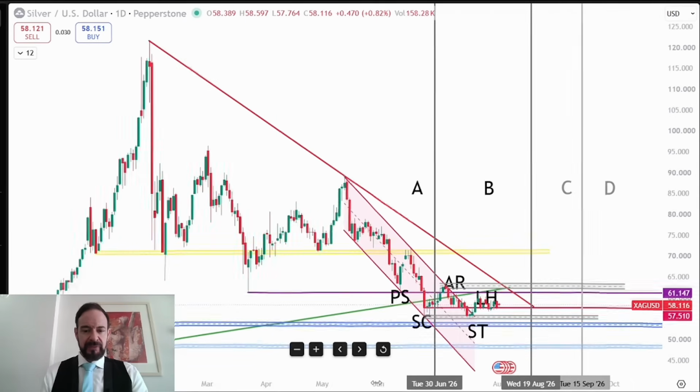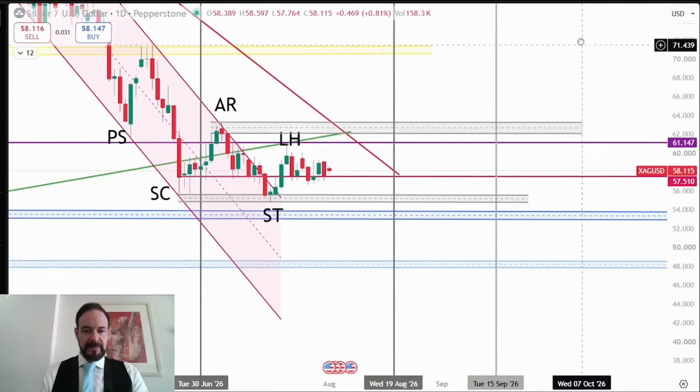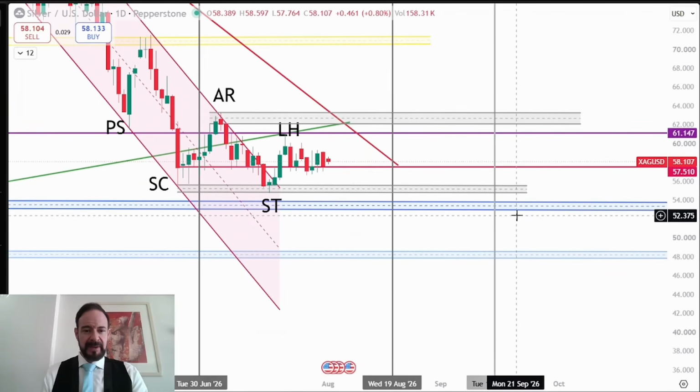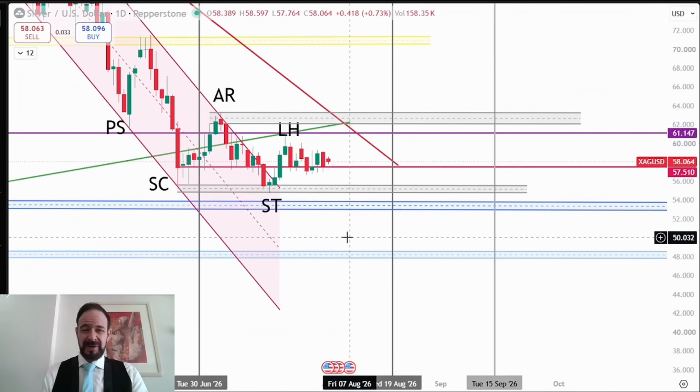Very close to the Wyckoff support zone. So while it is possible that we just go into the support zone and that's the undercut, that's the fake out, and the spring will be here, I would assume we're going lower.